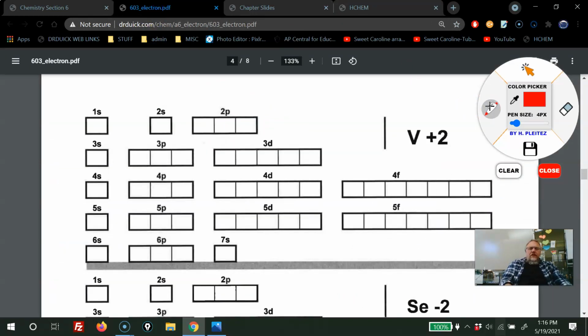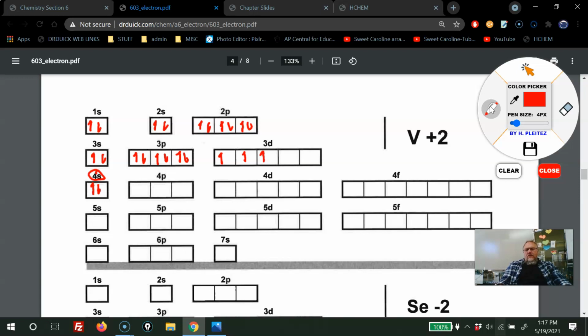So I'm going to start loading my arrows. 1, 2, 1, 2, 1, 2, 3, 4, 5, 6. 1, 2, 1, 2, 3, 4, 5, 6. 1, 2, 1, 2, 3. So when you lose electrons, you lose from the highest quantum number first.